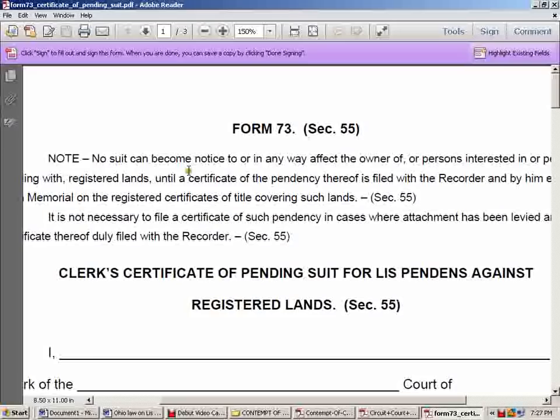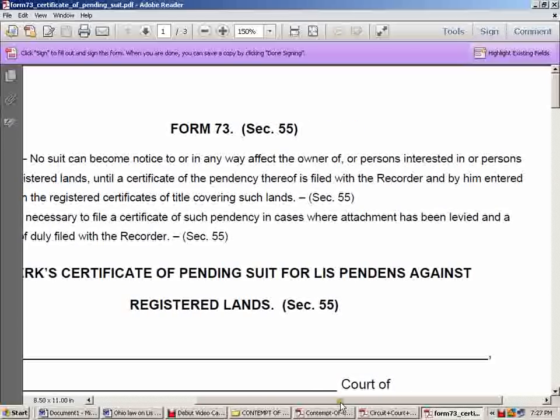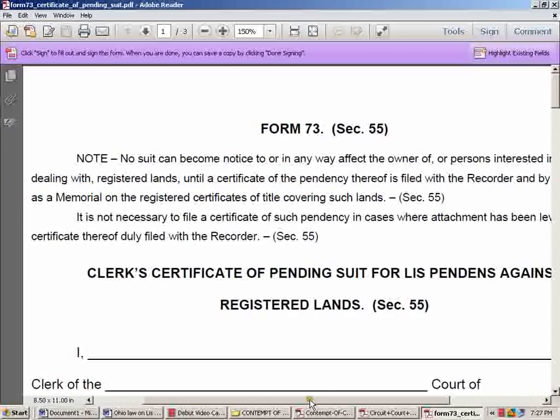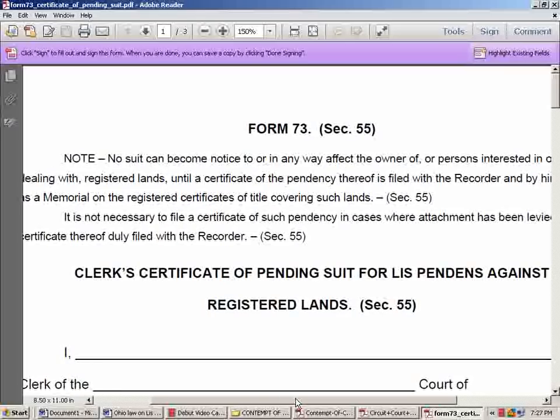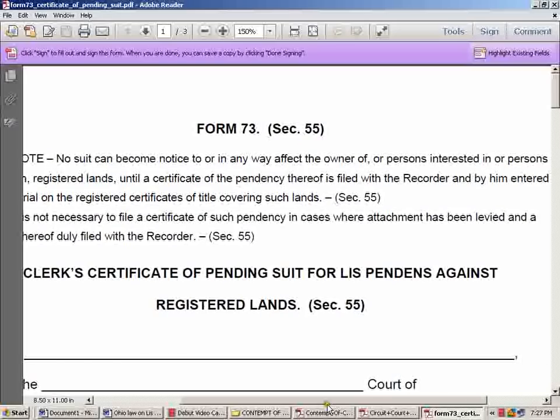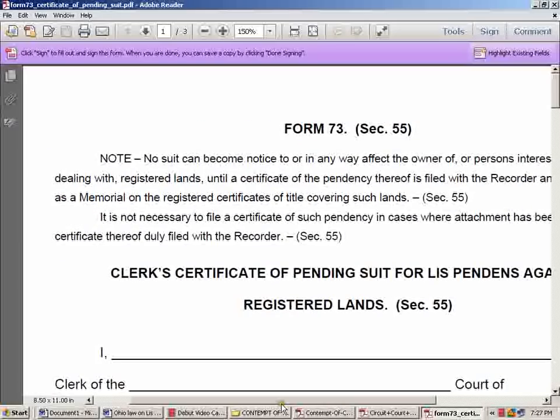No suit can become notice to or in any way affect the owner of or persons interested in or persons dealing with registered lands until a certificate of the pendency thereof is filed with the recorder and by him entered as a memorial on the registered certificate of title.